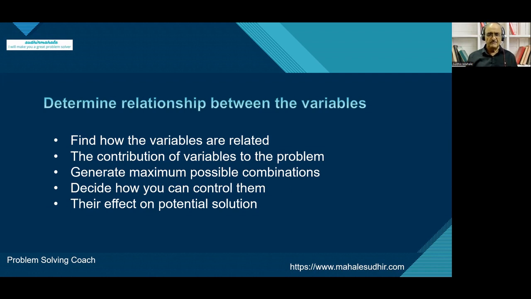So how the variables are related, and the contribution of a variable to the problem may be negligible, so we can ignore that. In general, consider the maximum possible combinations out of that, and decide how you can control them.